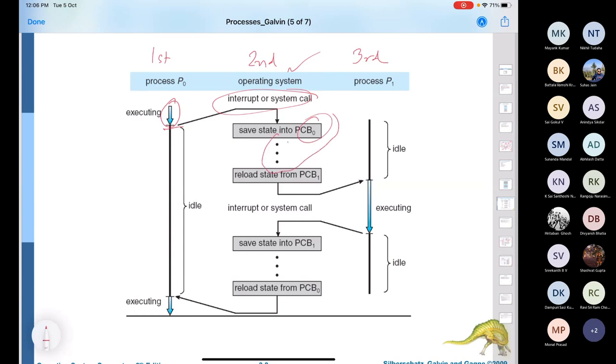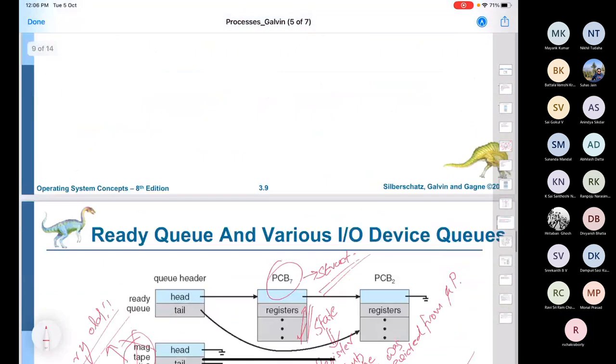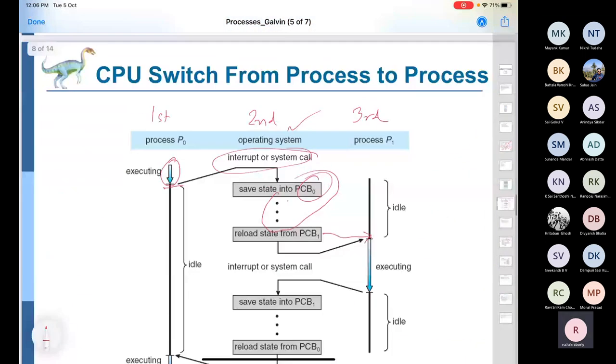Then it does some more work that was needed, and decides that process 1 should start now. So process 1 suddenly starts executing. Till that point, process 1 was sitting idle in the ready state, not doing anything.